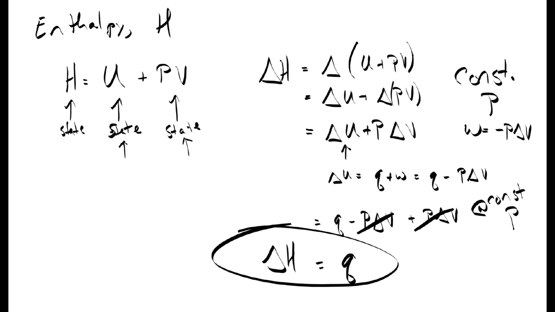Because if delta H is equal to Q, that means Q is a state function too. If you're looking at a system at constant pressure, heat has become a state function, because work is no longer happening. It no longer matters, I should say.